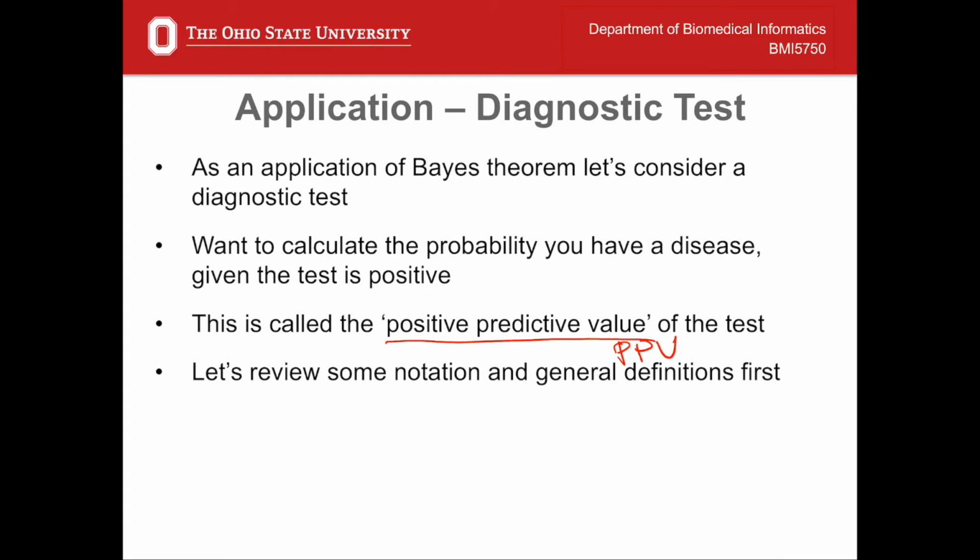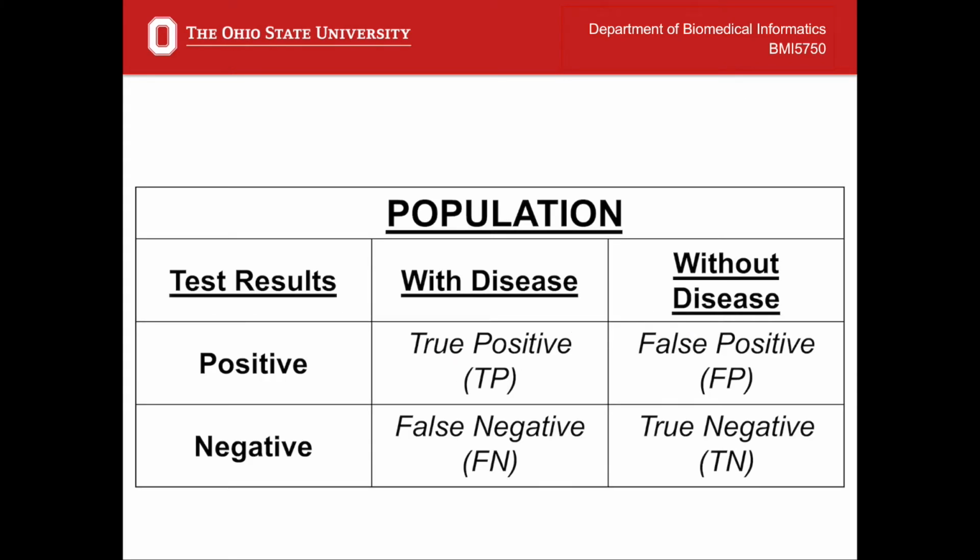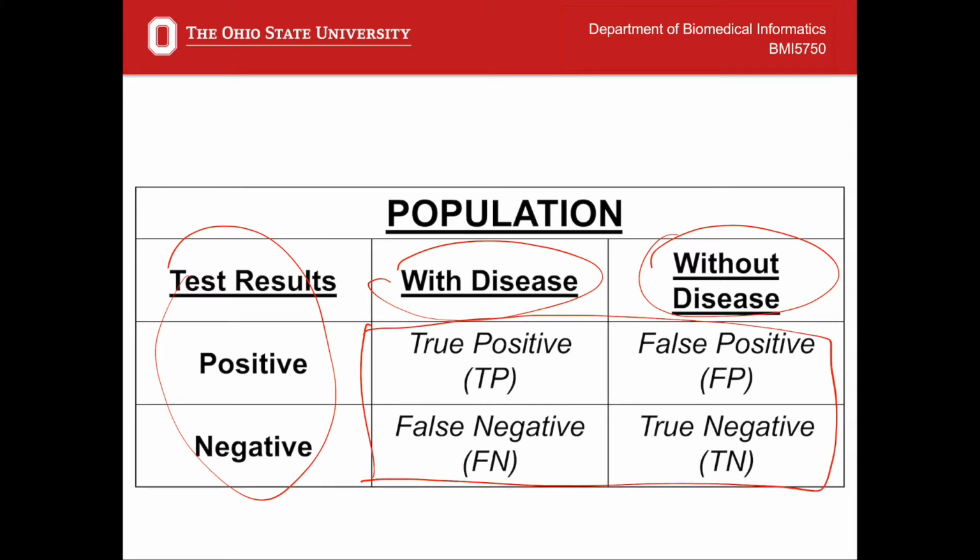Let's review some notations and general definitions. We have a population of people, and these people took a diagnostic test. The test result can be either positive or negative. And these people are either with disease or without disease. Then we can generate this two-way table.